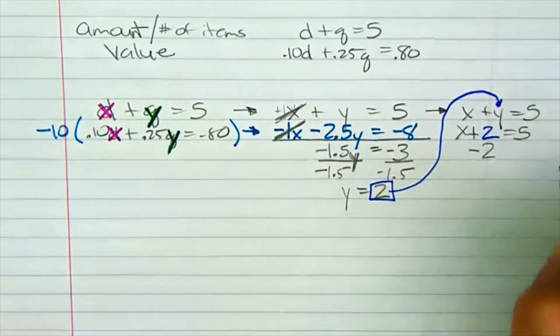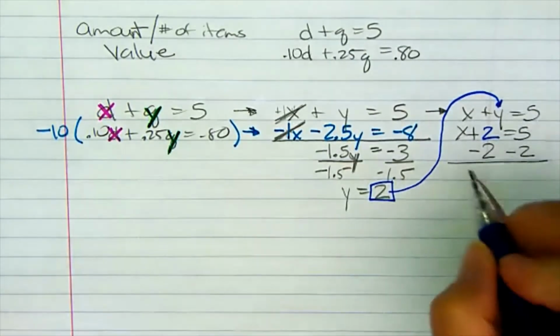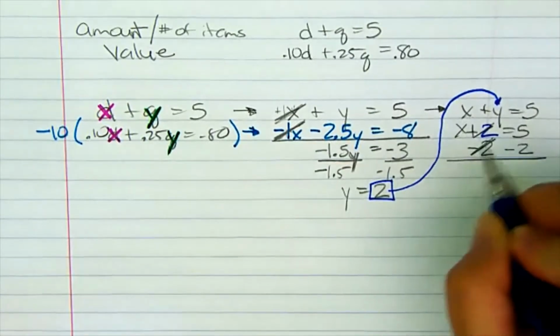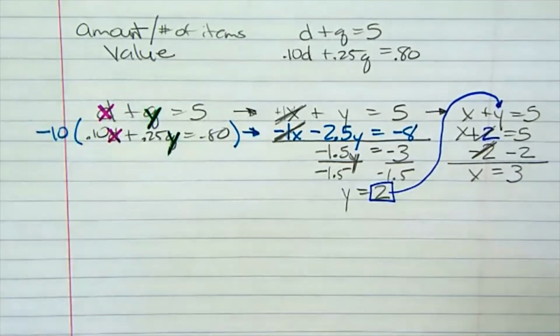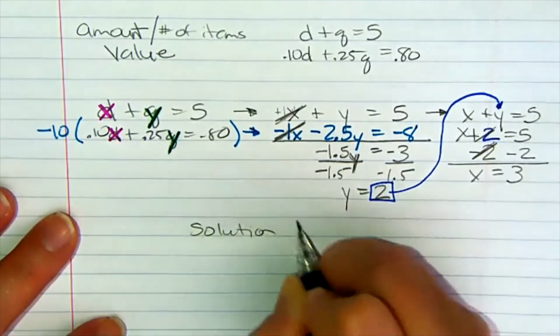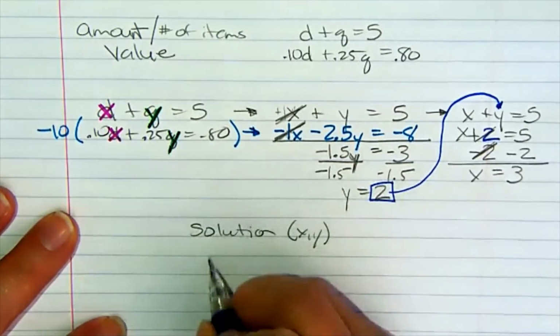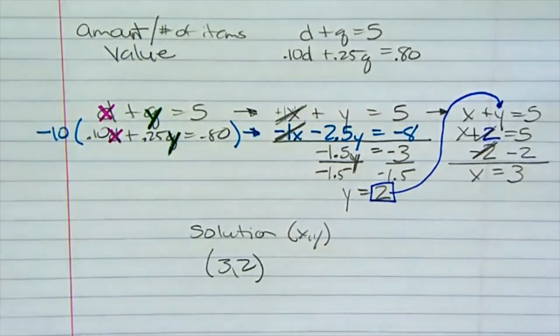I'm going to subtract 2. What I do to one side, I must do to the other. So these guys cancel. x equals 3. Yay! My solution is (x, y). My x is 3, my y is 2.